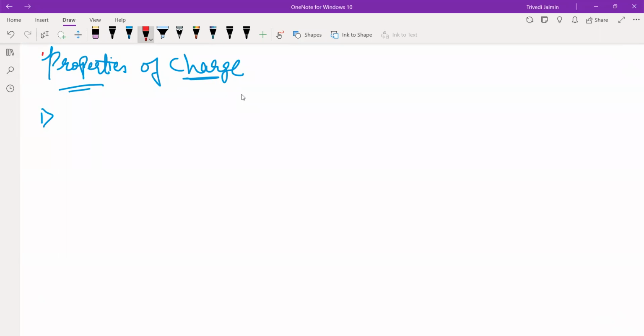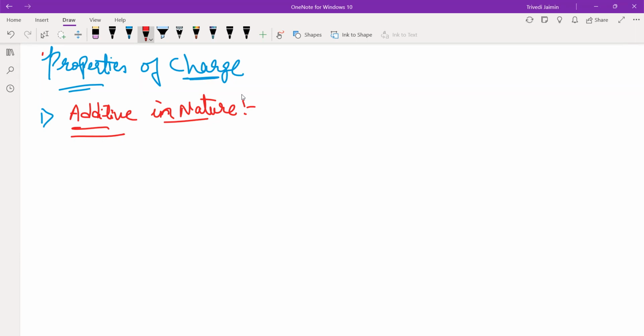So first, charges are additive in nature. What do you mean by additive in nature? The gain and loss. Simple, not gain and loss. Additive. What do you mean by additive?